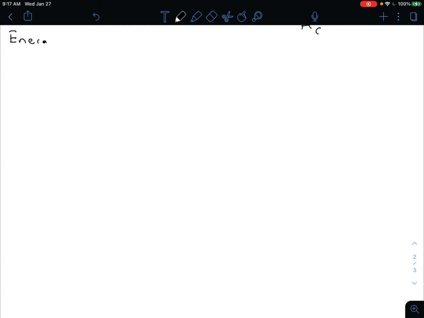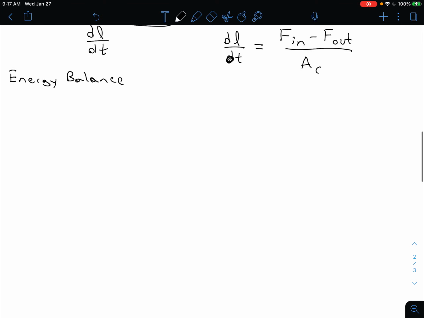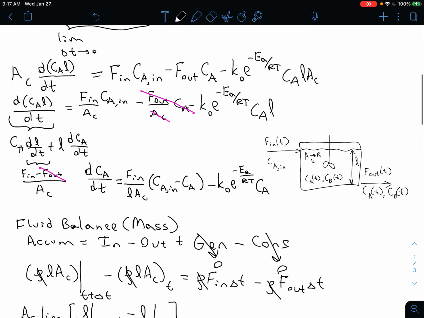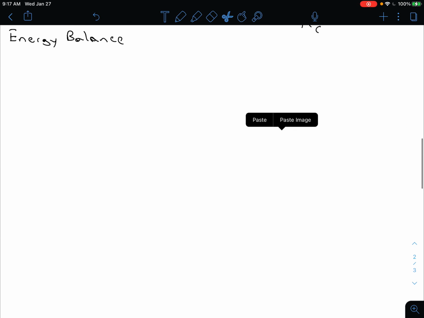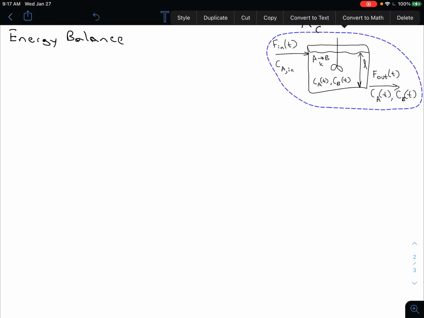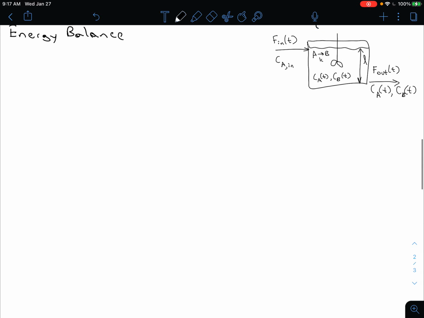Energy balance. And let me copy over the picture of our process. Okay, usual equation: accumulation equals input minus output plus generation minus consumption.